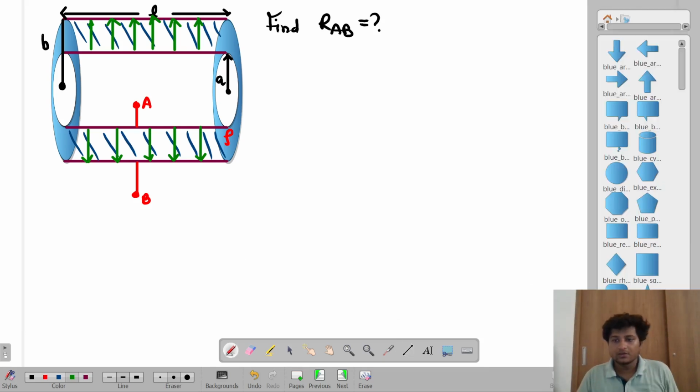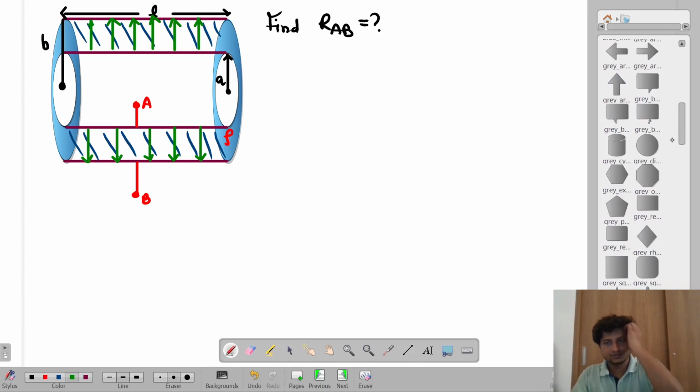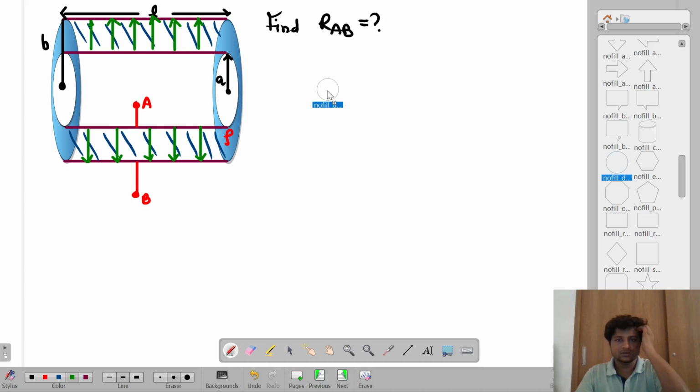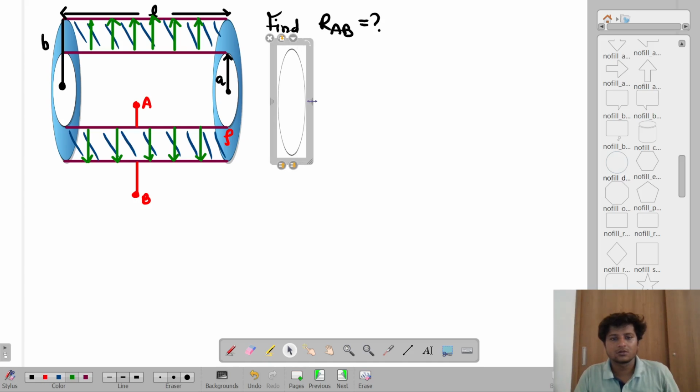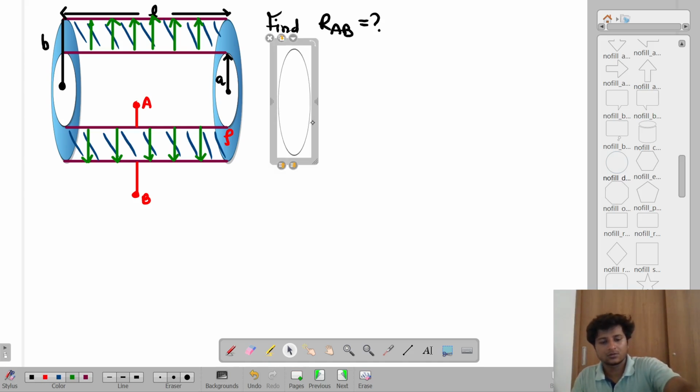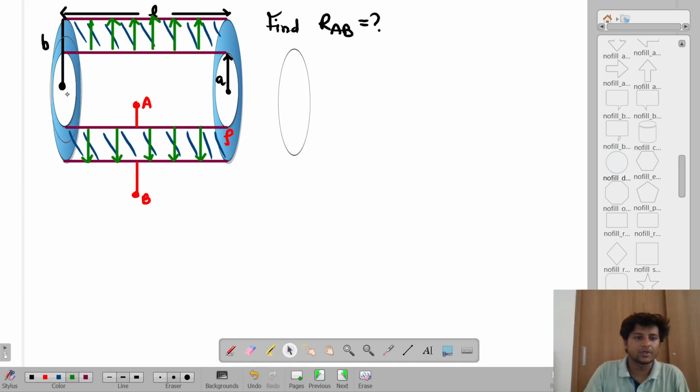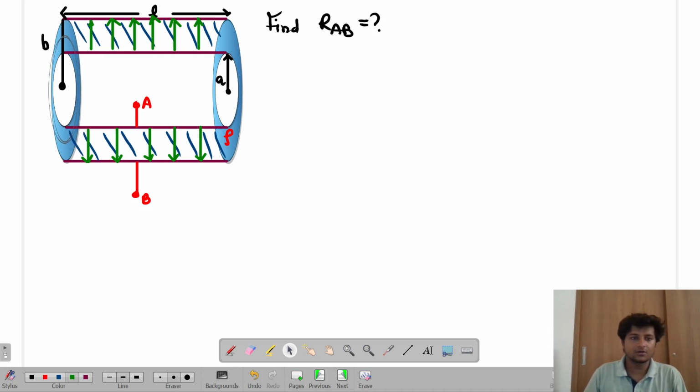So let's suppose if I consider a solid cylinder to be made up of infinite hollow cylinders, you can place it like this way, means you can imagine something like this way, got it or not?